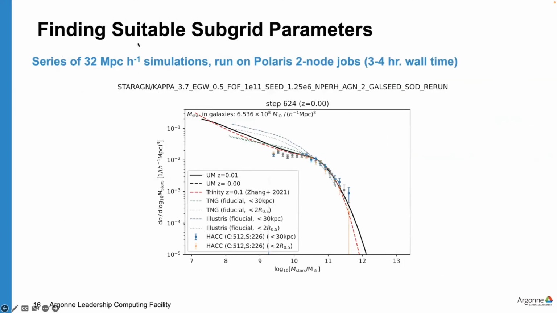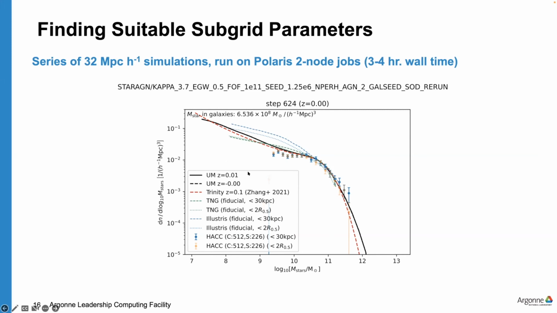So finally, this is exactly what the science was done on Polaris. We ran a whole series of these smaller 32 megaparsec simulations. These are basically run on 2-node jobs of Polaris, each one with 3 or 4 hours of wall time.